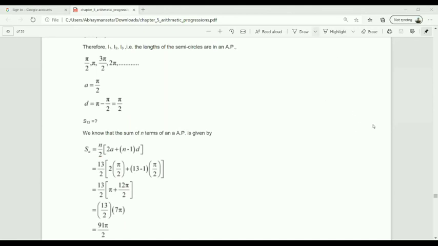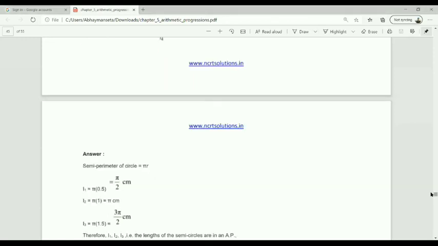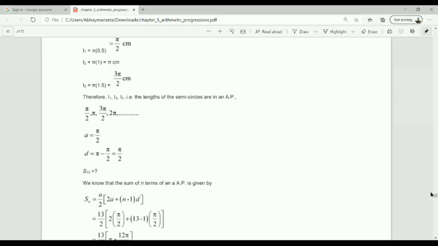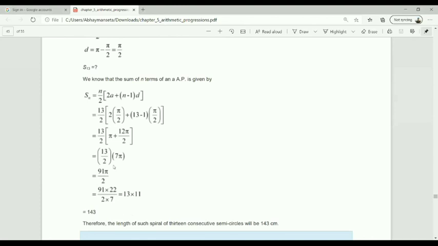So put pi as 22 by 7. 13 sevens are 91 and 2 elevens are 22, so our answer is 13 into 11, which is 143. Therefore the length of such a spiral of 13 consecutive semicircles will be 143 centimeter.